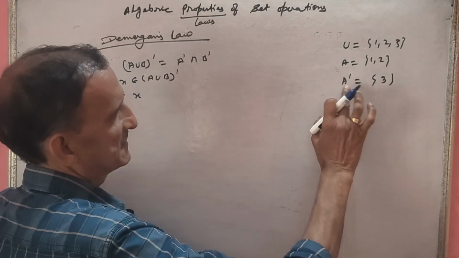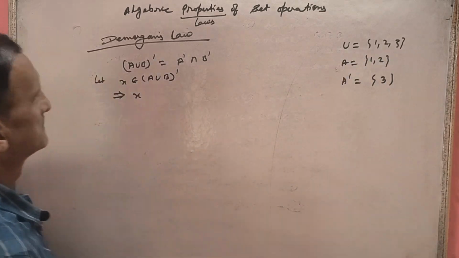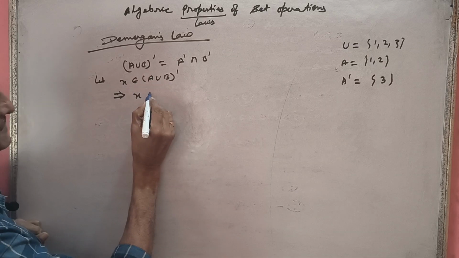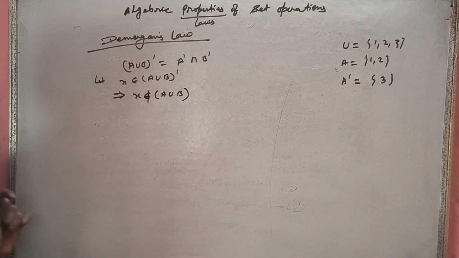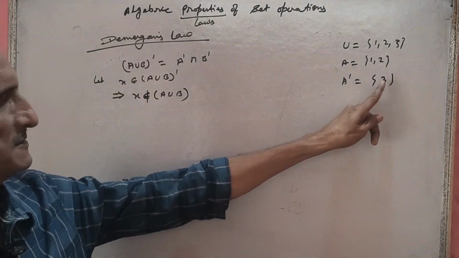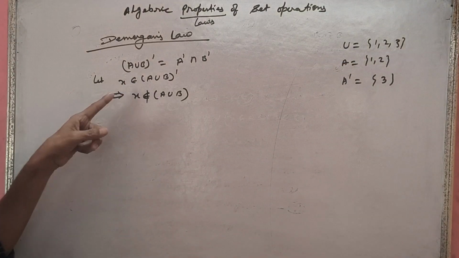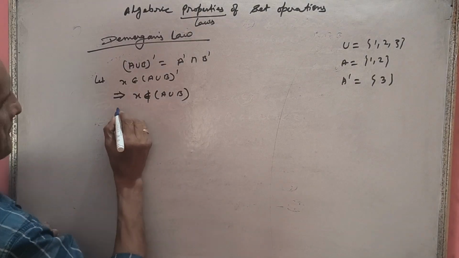Now see here, if 3 is in A complement, 3 never will be in A. In the same way, we will understand that if X belongs to this complement, X does not belong to A union B.